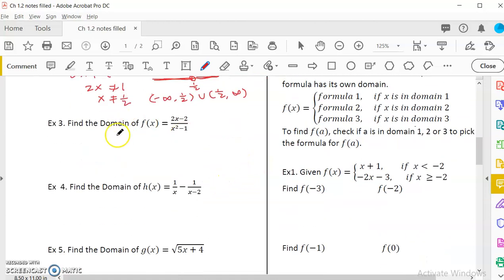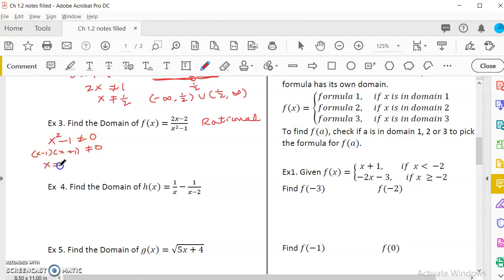What about the third example? I have 2x minus 1 over x squared minus 1. So again, it is a rational function, remember, right? Because I have a ratio of two polynomial functions. For rational, I only look at the denominator. So make sure that x squared minus 1 cannot be 0. Now, to solve this, we have to factor it. x squared minus 1 can be factored as x minus 1 times x plus 1, which cannot be 0.